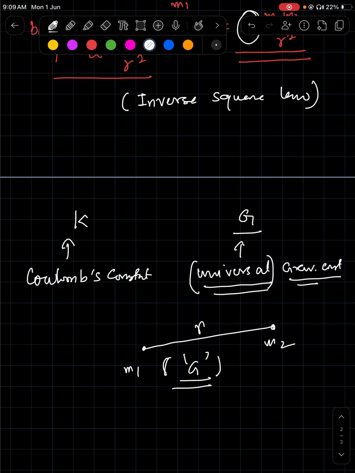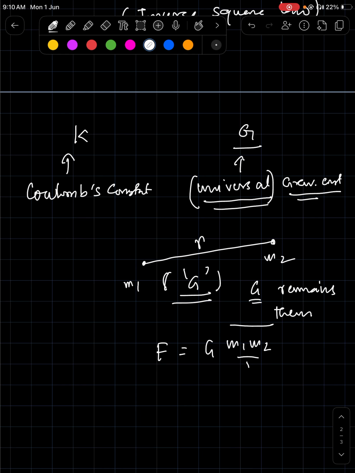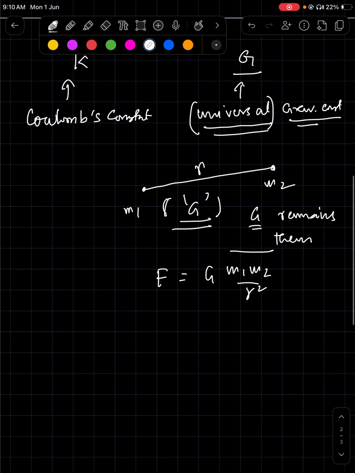For example, if I take the two masses inside water, keeping the distance between them the same, G remains the same, and if G remains the same, the force remains the same. It is still G m1 m2 by r square, even if they are kept in water.